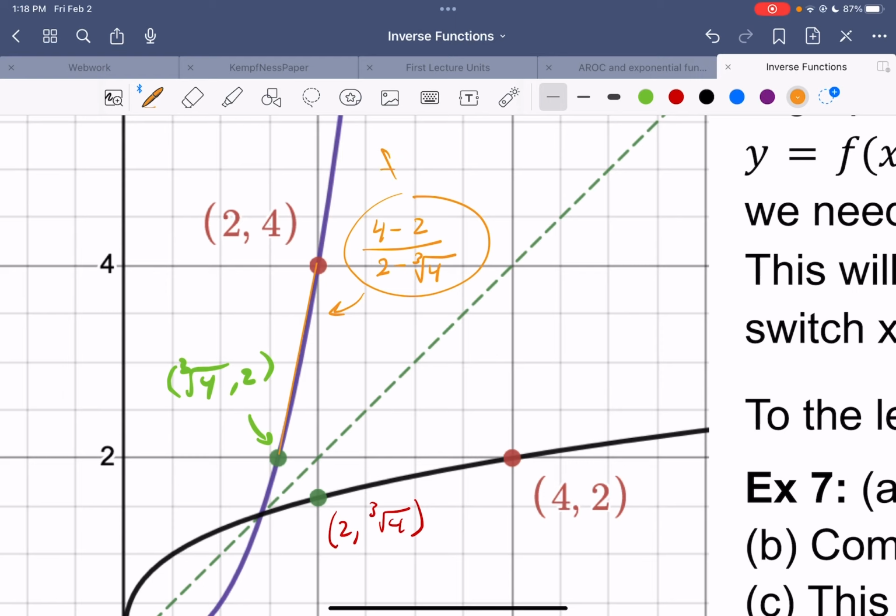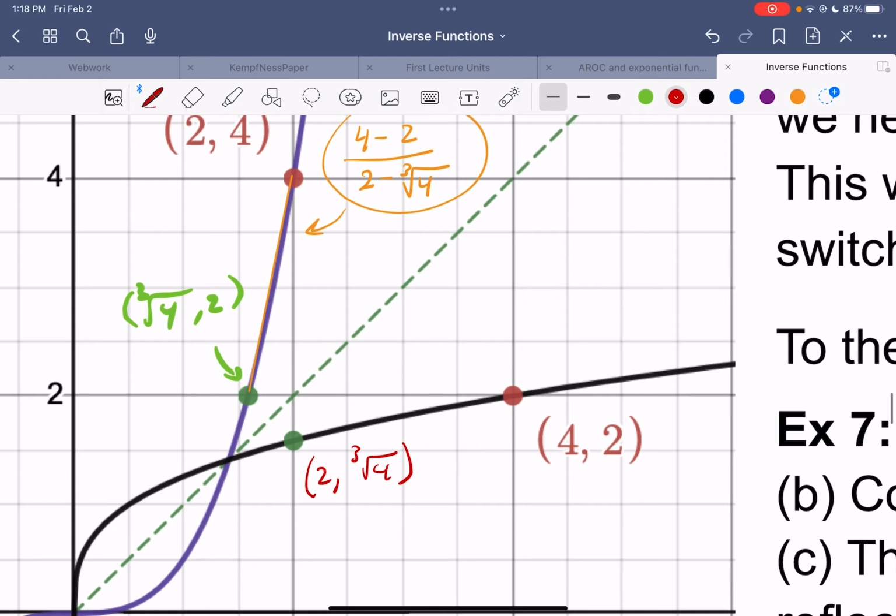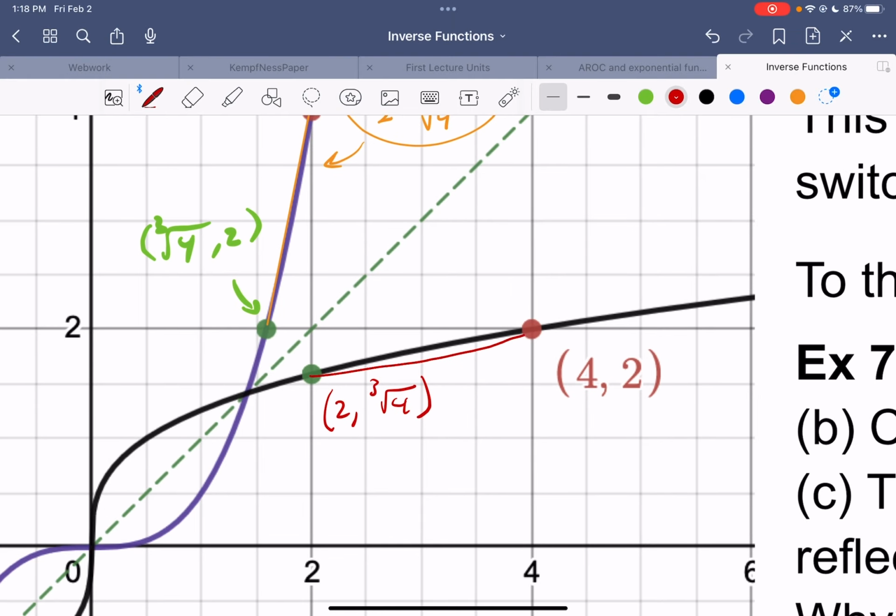Okay? Let's do the same thing over here. So now I'm looking at this thing, and I should do a difference in y values. That's 2 minus the cube root of 4 over the difference in x values, 4 minus 2.